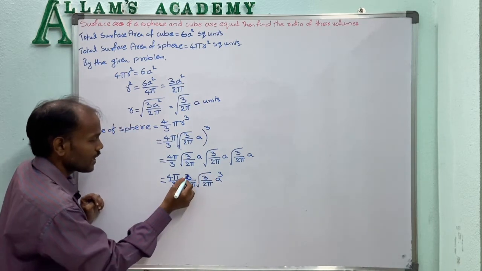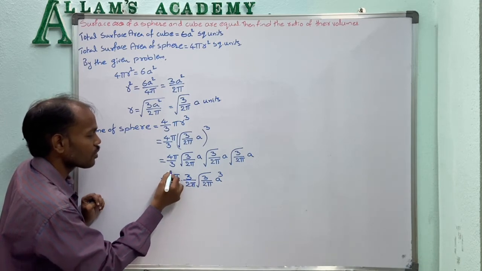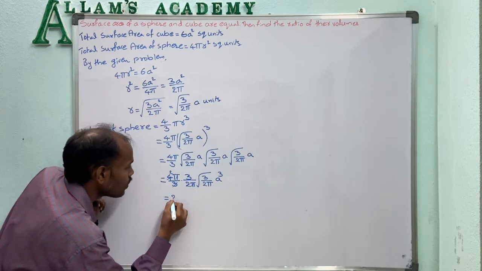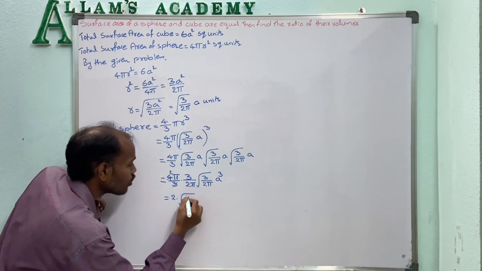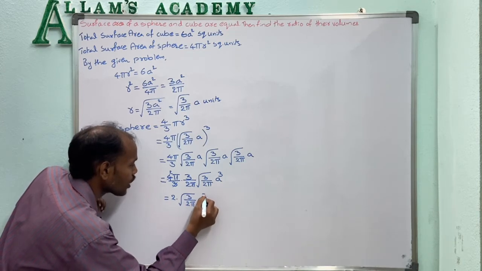Now 3 gets cancelled, pi gets cancelled, and 2 1s, 2 2s. So 2 into root 3 by 2 pi into a cube.